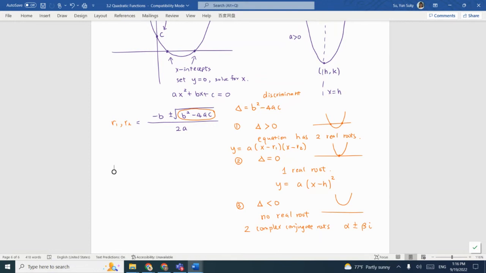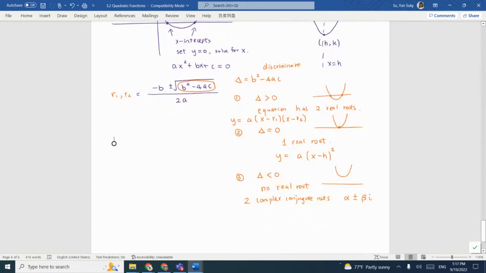So alpha is the real part, which is minus b over 2a. And then beta will be the imaginary part. Because this guy is negative, if you factor out the negative, the square root of negative 1 will give us the i, right?